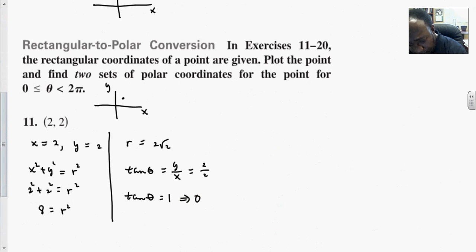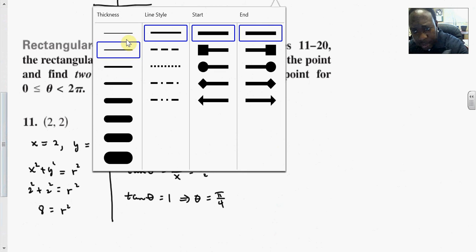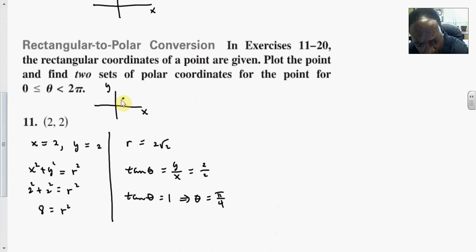This implies that theta is pi over 4. So they want us to find 2 points. Maybe I should change the color so we can see the direction. But what about going in this direction? Just the opposite, right?